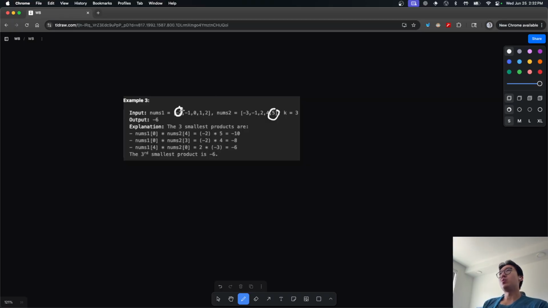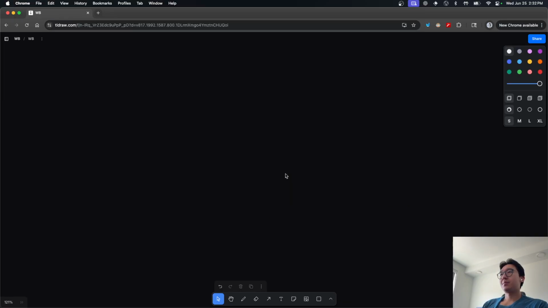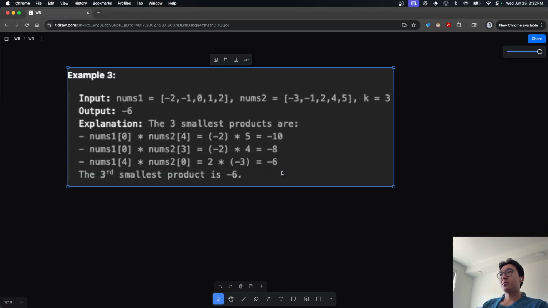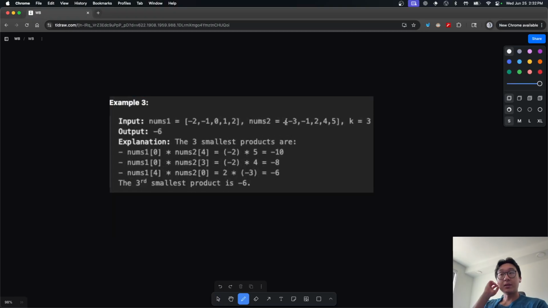I mean, we do want that, but we will reach a point where, for example, in this case, let me create this thing. Like in this case, we go negative 2 times 5, negative 2 times 4, but we don't want to do negative 2 times 2 because that's negative 4, and then we do have a smallest number in this case.